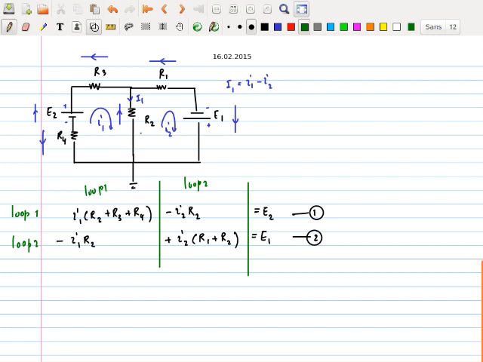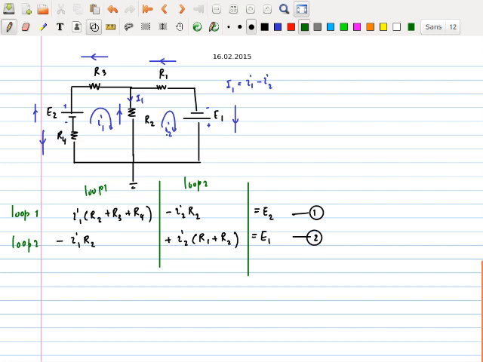In R2, I2 is going up, but I1 is going in the opposite direction. Hence, you get minus I1 and R2. This gives you the interaction with the other loops. If there was another loop with some other resistor, that also would have to be taken into account. We'll look at that later. Here, this shows only loop 2.